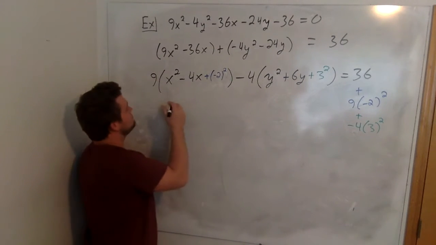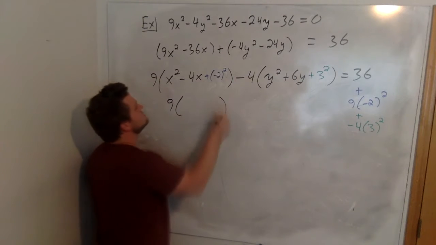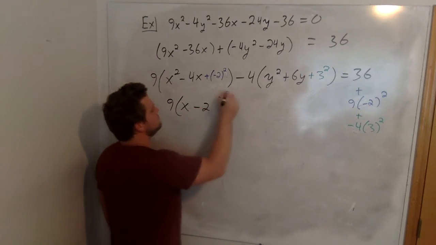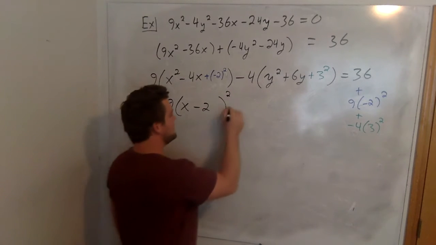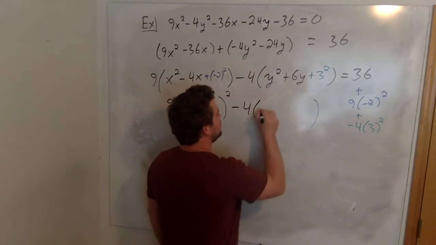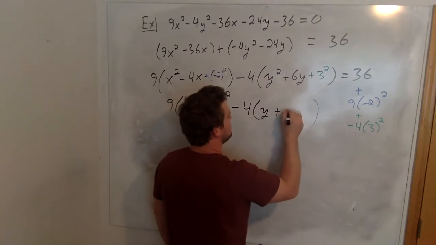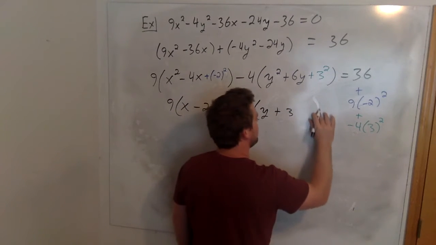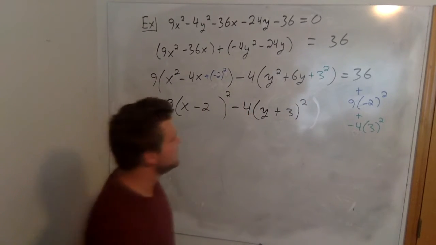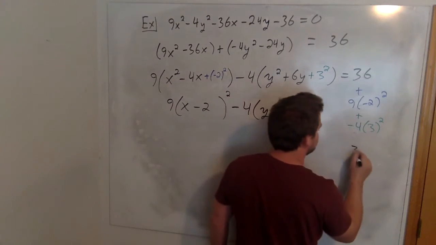Okay, let's factor. Here we have a 9 times, what are we going to get here? This will factor to an x minus 2 quantity squared minus a 4. This will factor to a y plus 3 quantity squared. Okay, and what are we going to have on the right-hand side here? Let's see, we get a 36.